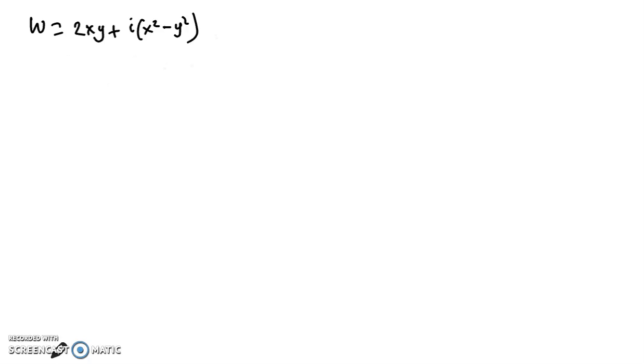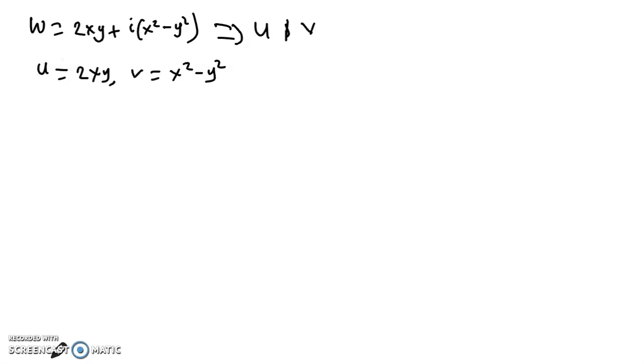We usually represent the real part with U and the imaginary part with V. So this is the real part, and this is the imaginary part. Our U in this case is 2xy, and our V, which is the imaginary part, is x squared minus y squared.